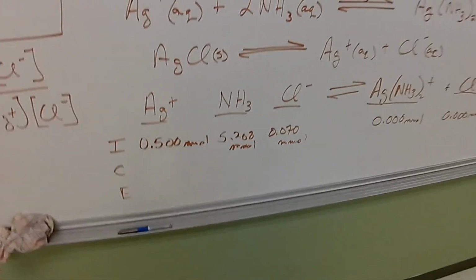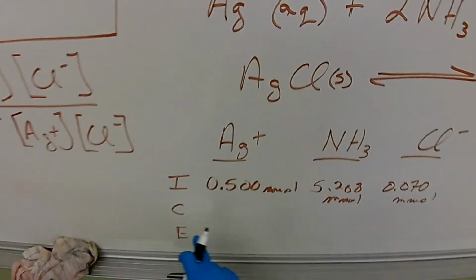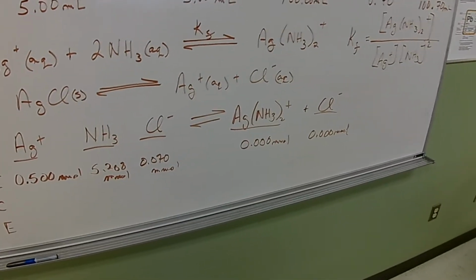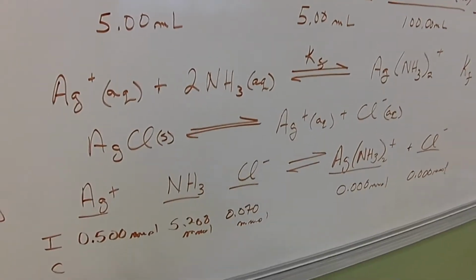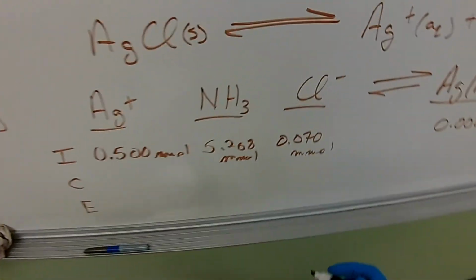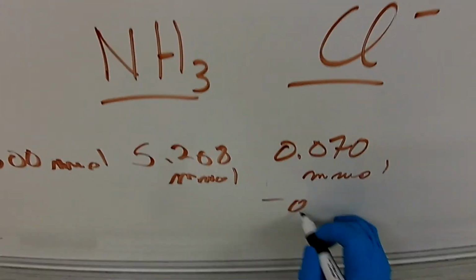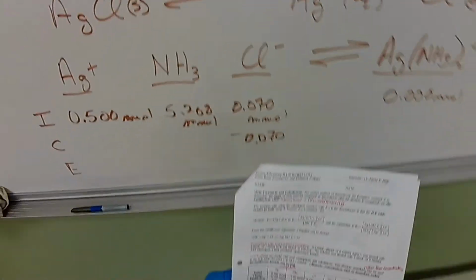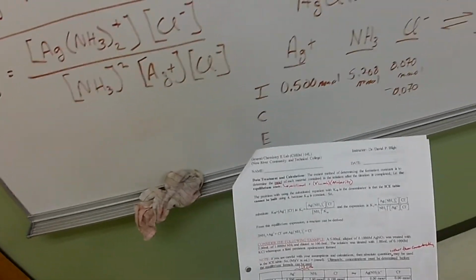Well, the change is, during the reaction, we use up all the chloride. All of it goes from reactant to product. Right? So this is going to be minus 0.070, and this is going to be plus 0.070 millimoles. Okay? That's the easy one.